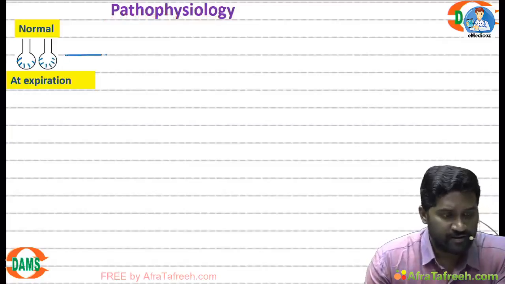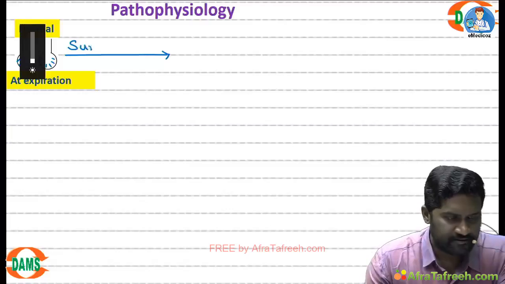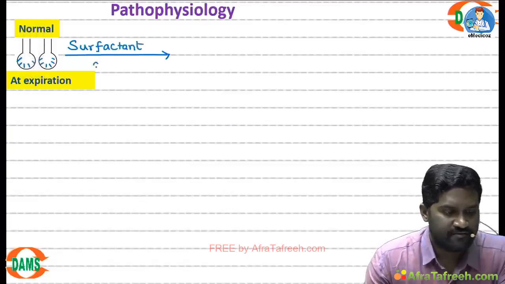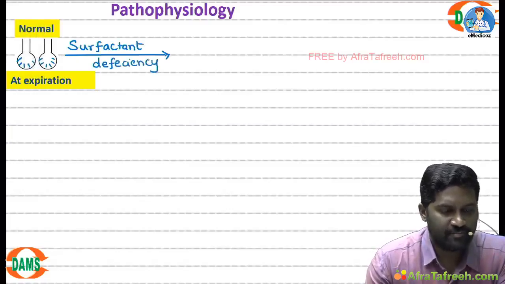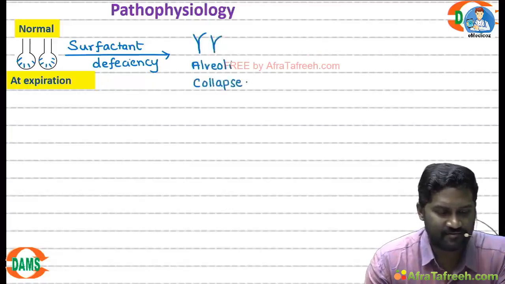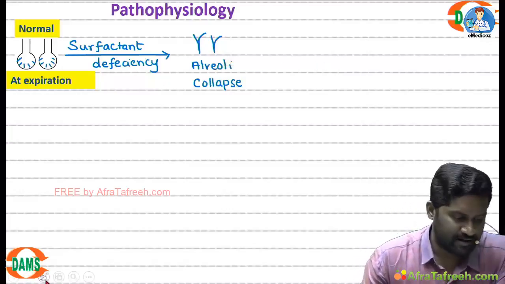Now whenever there is surfactant deficiency, just like a balloon, your alveoli will be closed. Alveoli collapsed. Alveolar collapse is also called atelectasis, students.